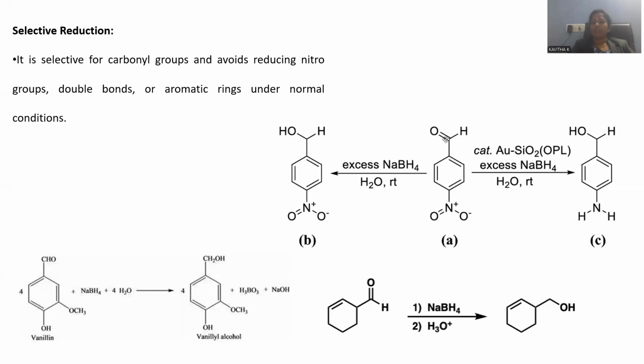So the aldehyde gives a primary alcohol and the nitro gives an amine in the presence of the catalyst. This is the reason why sodium borohydride by itself is unreactive towards nitro, but in the presence of this type of catalyst it is able to reduce nitro into amine as well.